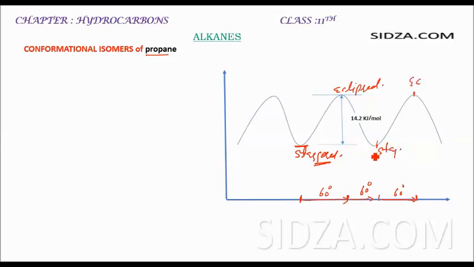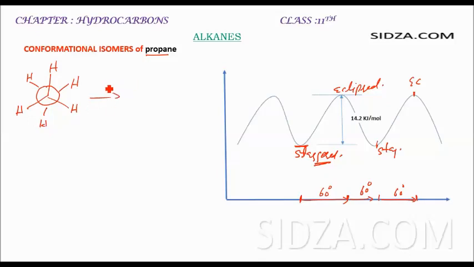Fine. If we compare the energy difference between the staggered and the eclipsed one for the ethane molecule, where there are only hydrogen atoms, to rotate from low energy to higher energy, how much is it?